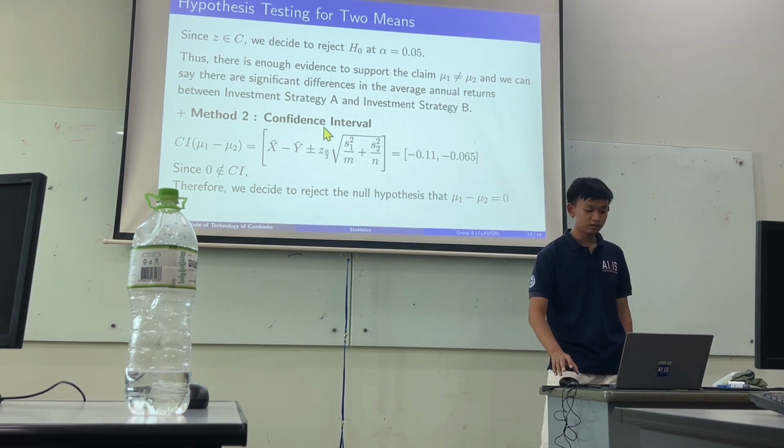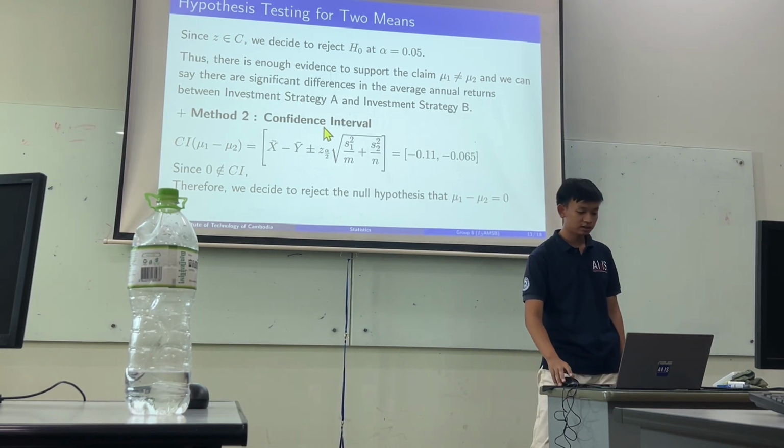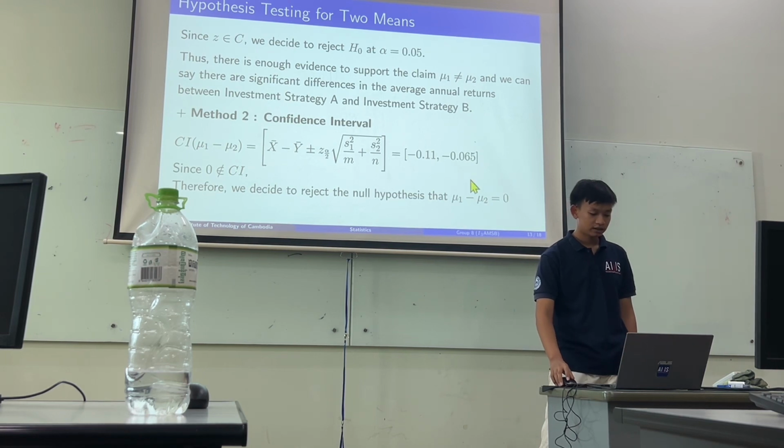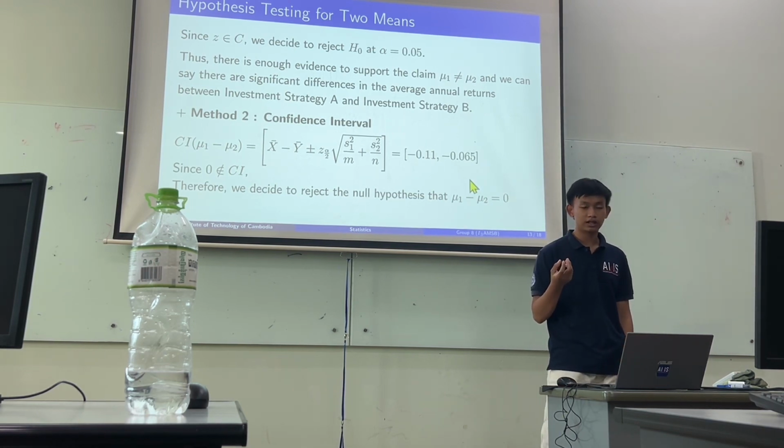And method 2, using the confidence interval, like I said earlier, we just substitute all the values in it and get this number. Since 0 is not in the confidence interval, we reject the null hypothesis.